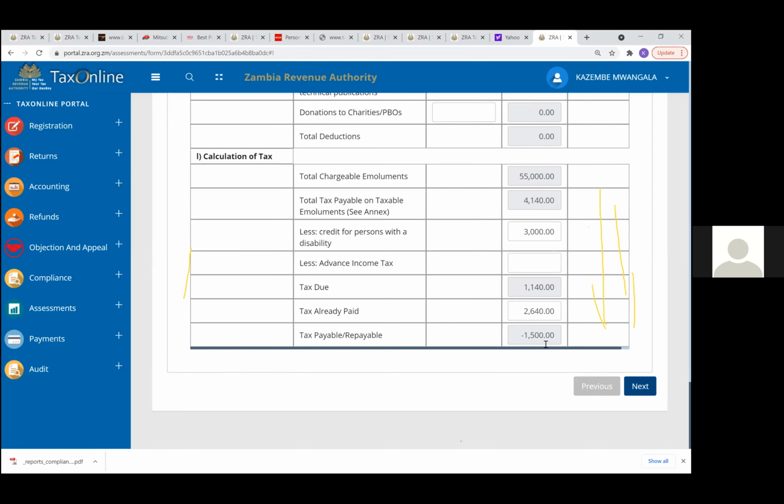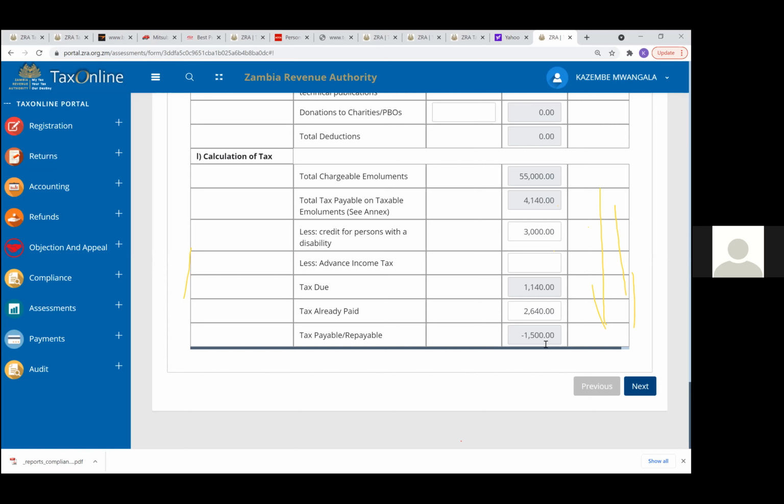So when ZRA does the calculation, it doesn't just say, okay, you are due for a refund because you have a disability. No, we first establish whether you paid the correct amount of tax. It is a comparison of what you paid against what you should have paid, giving you whatever credit or deduction is due to you.